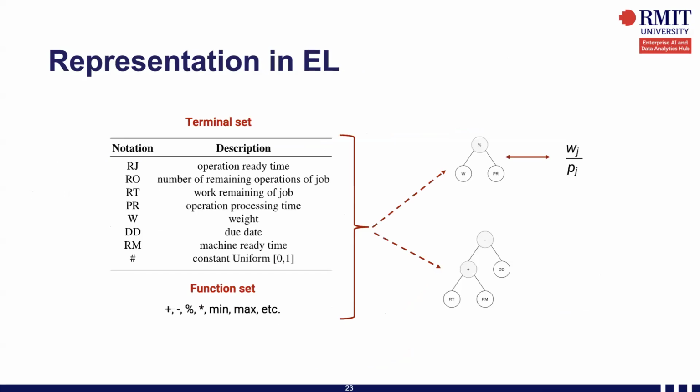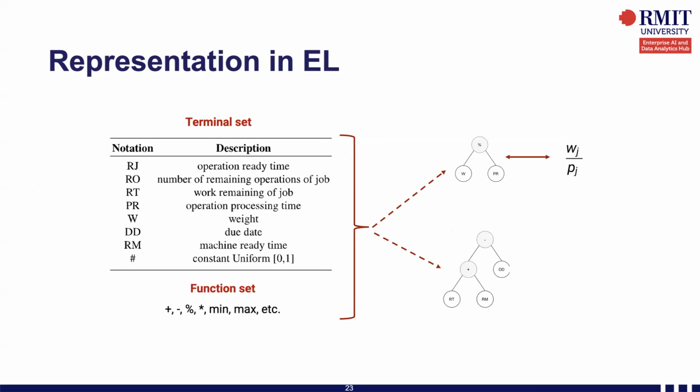So with that in mind, I try to bring all of them together, as I mentioned in previous slides, to build a representation of these things. I need to have the attributes. I need to have the functions. The functions can be symbols: arithmetic operators, plus, minus, division, multiplication, min, max, log, whatever.